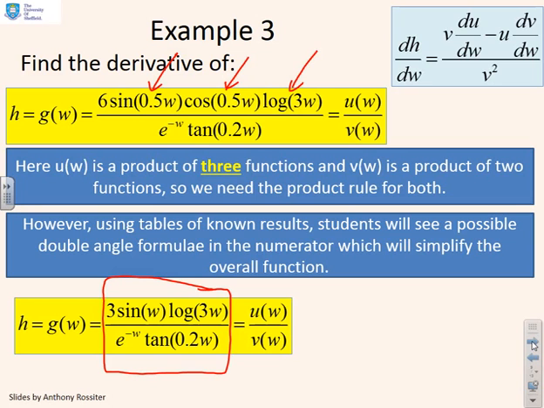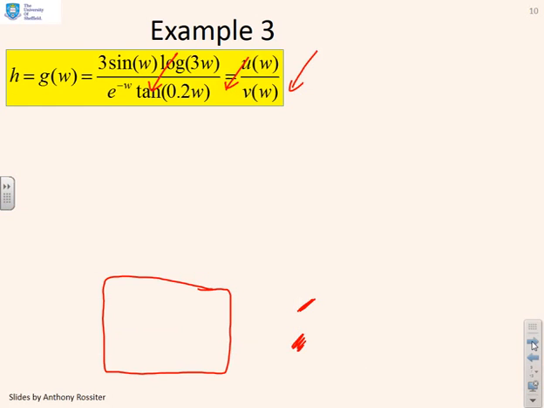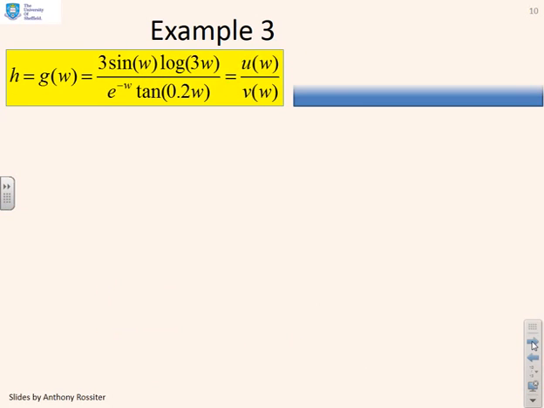So now I've got a simple function, and what we've got to do next is say, okay, u is a product of two functions, v is a product of two functions. So I've got to use the product rule on each of these terms before I can move to the quotient rule. So here we go then.